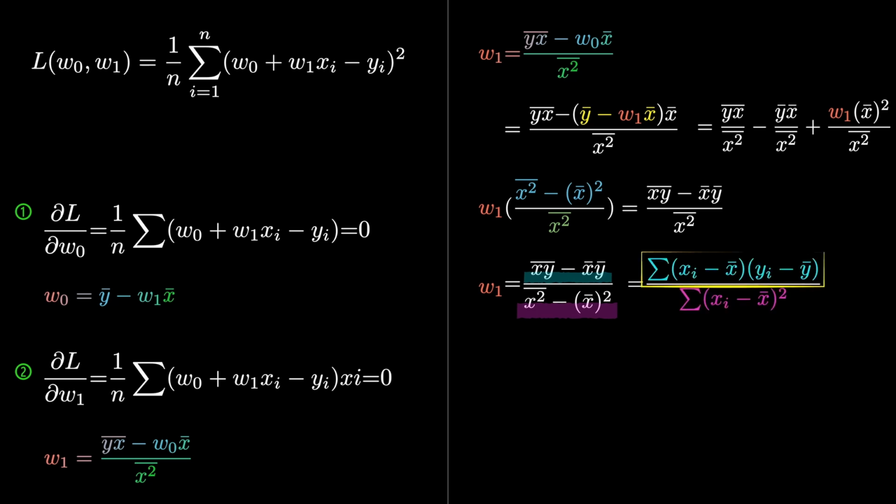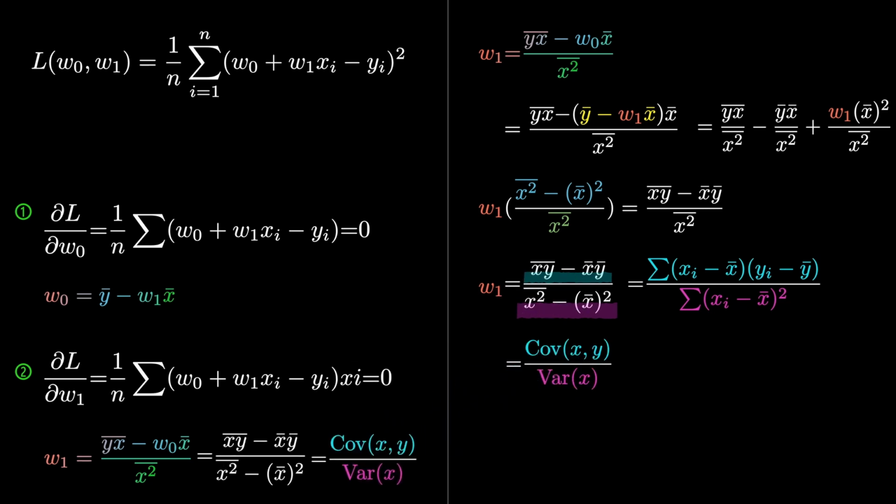The numerator is essentially the covariance between x and y, and the denominator is the variance of x. Of course, there's no 1 by n-1 factor in this version, but if you expand the formula, you can see that W1 is covariance over variance. Since variance is always positive, the sign of W1 depends on the numerator.